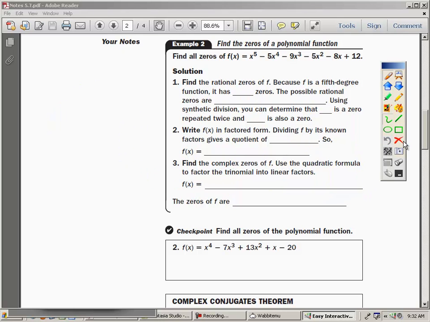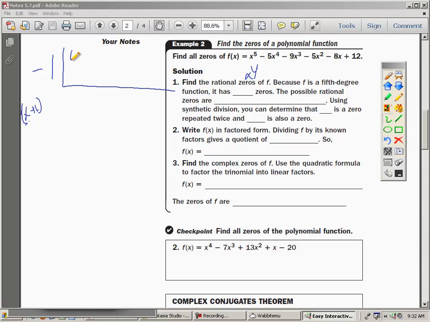In recognizing that we have a 0 at -1, we want to do a synthetic division because we know that the remainder, after dividing by the factor x plus 1 or doing a synthetic substitution of -1, is going to be a 4th degree polynomial that we can continue to work on. We'll come back to that in just a second here.